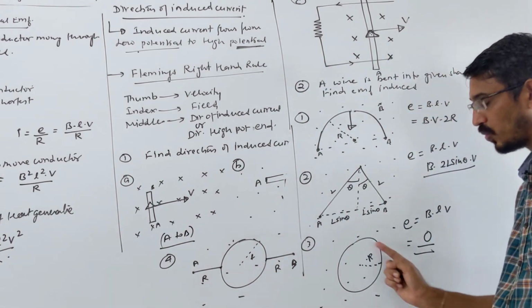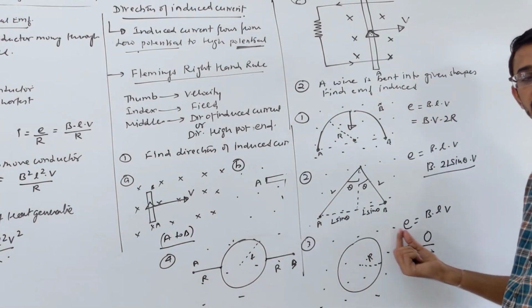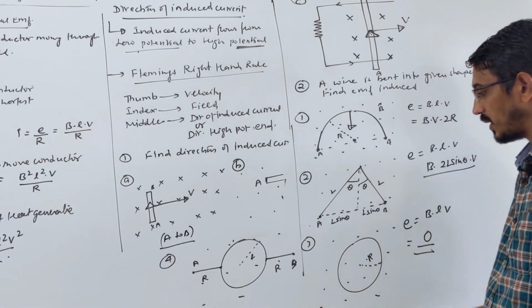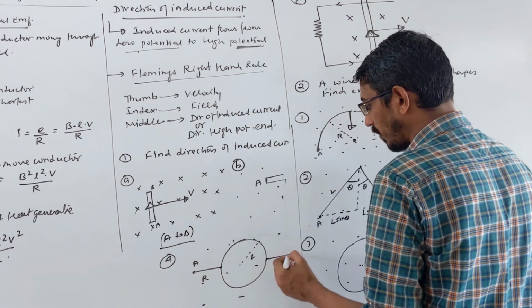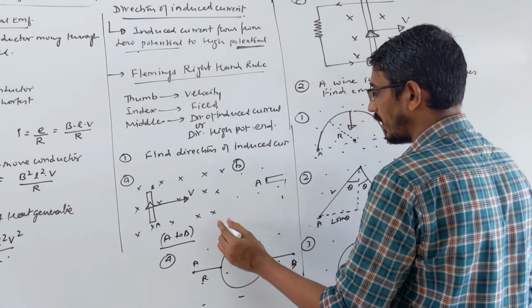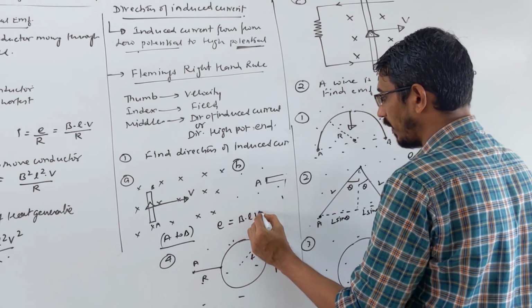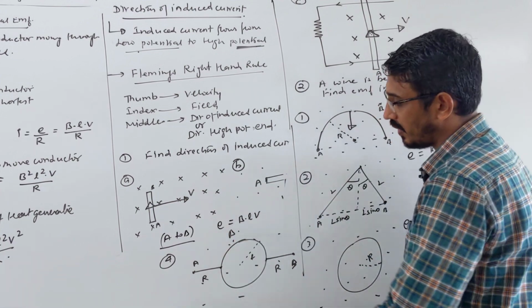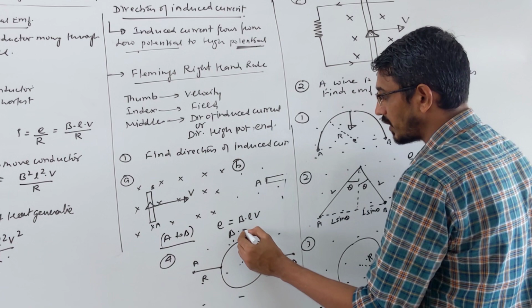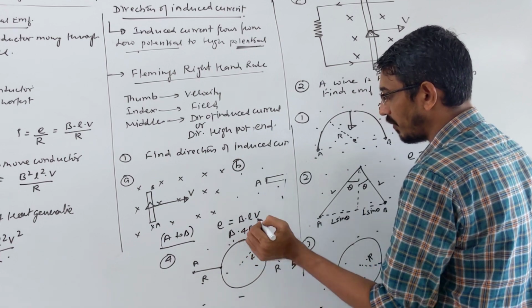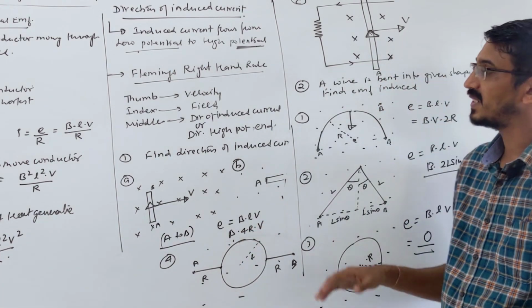This closed loop alone is 0 because displacement is 0. There is no end to end distance, right? But here there is a distance between point A and point B. So what is the answer in this case? I am writing EMF will be BLV. B, what is the length? That R and that also 2R. So the total distance becomes actually 4R into V. Correct. This is the second type of question.